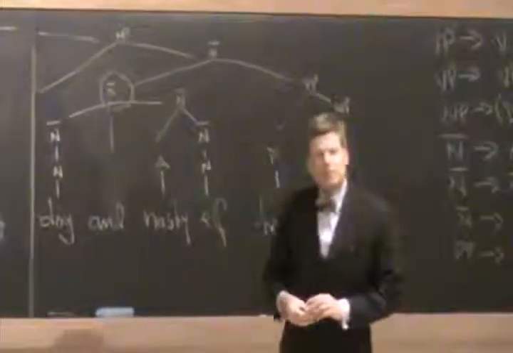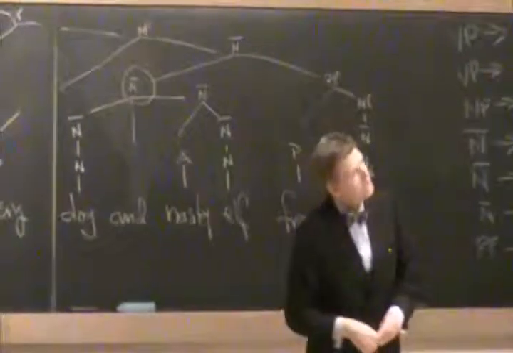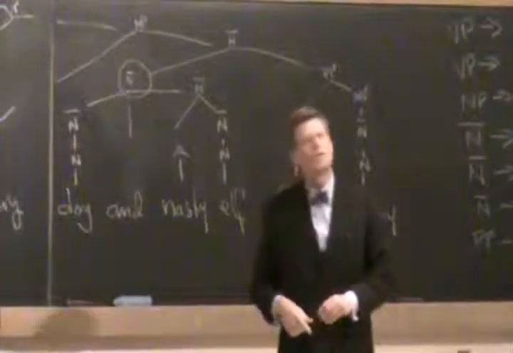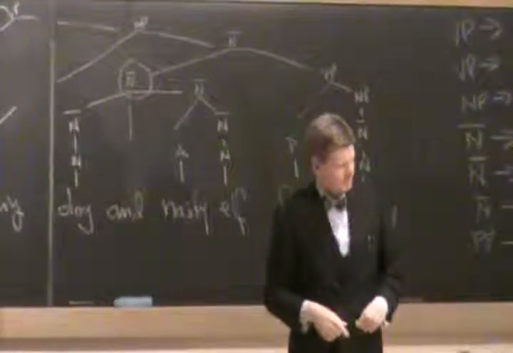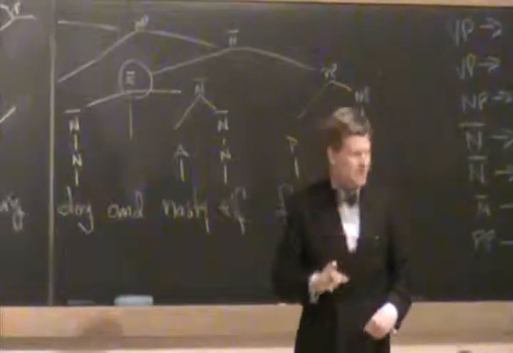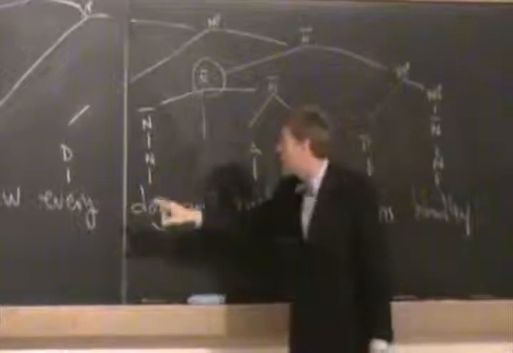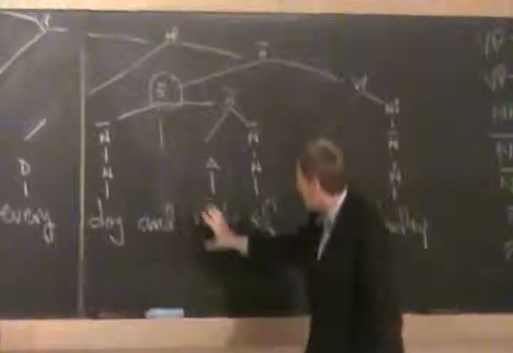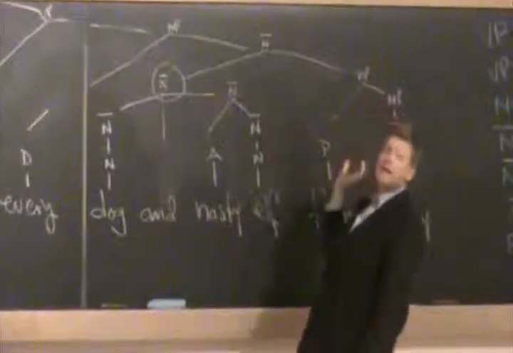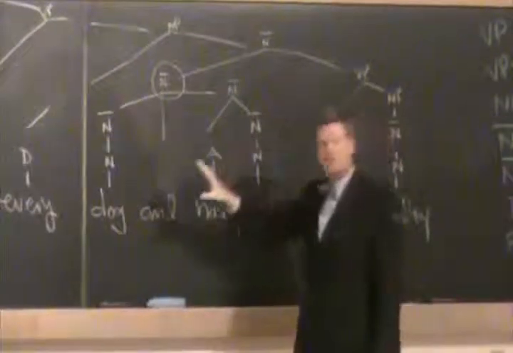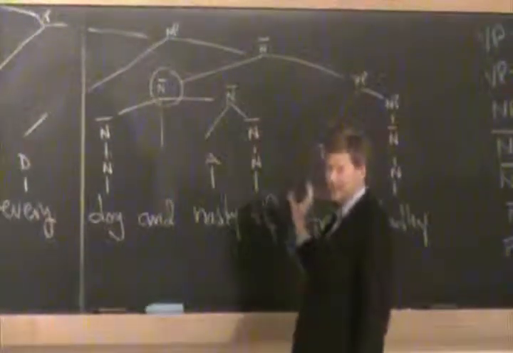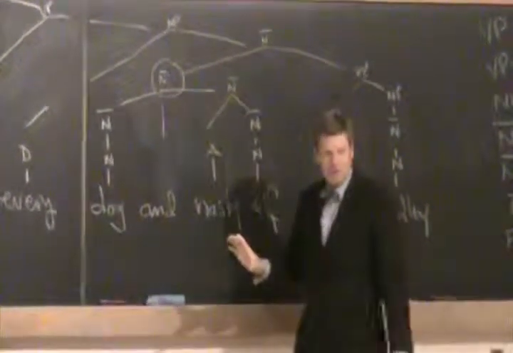So here's the meaning for this sentence. What is she throwing? She's throwing things from Hadley. Every one of those things is a dog and a nasty elf. She is throwing every dog and nasty elf from Hadley. It's every dog and nasty elf from Hadley that she's throwing.